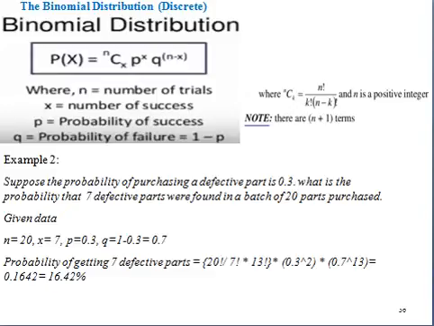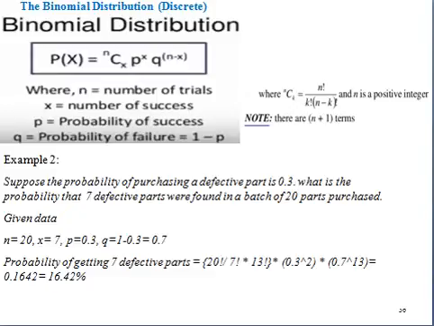Example number 2 could be, suppose the probability of purchasing a defective part is 0.3. So here my p would be 0.3. What is the probability of 7 defective parts? So here x is 7 in a batch of 20 parts. So n here, which is my total number of trials, would be 20.